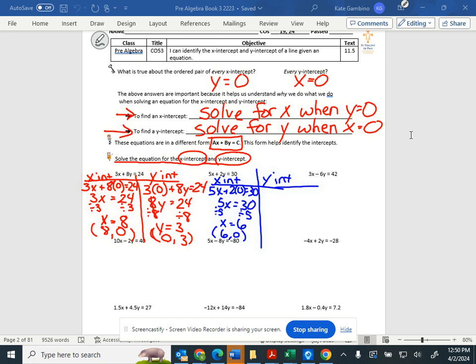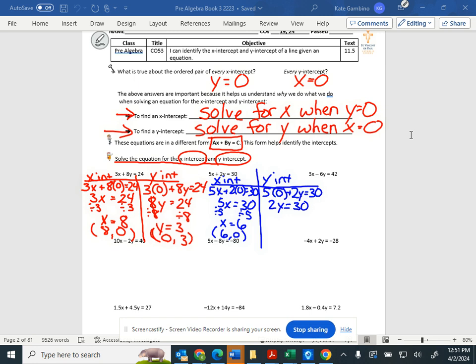To find my y-intercept, what equation do I use, Jude? 5 times 0 plus 2y equals 30. So 5 times 0 we know is 0, so we have 2y equals 30. What do I have to do now, Jude?